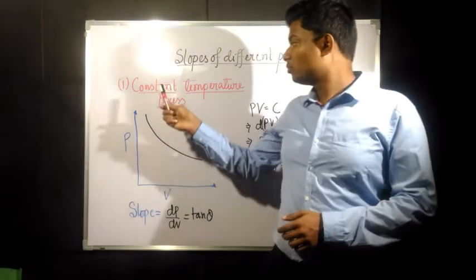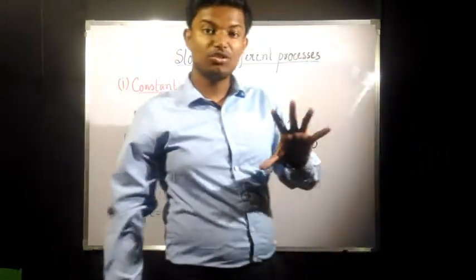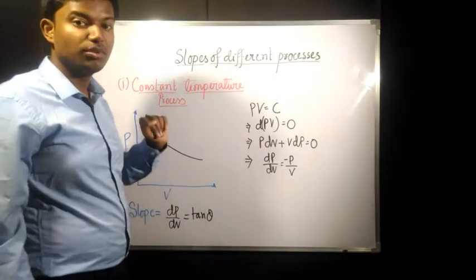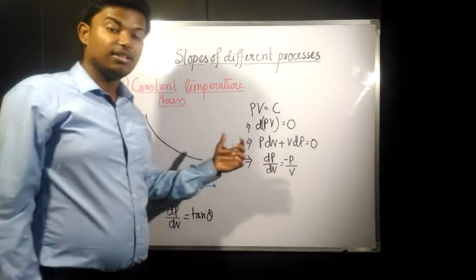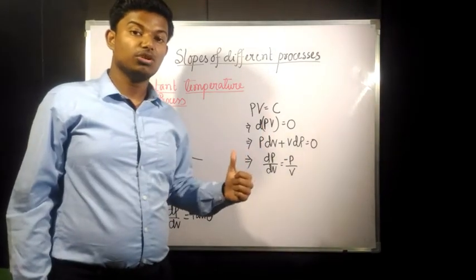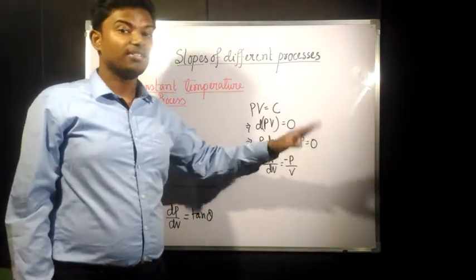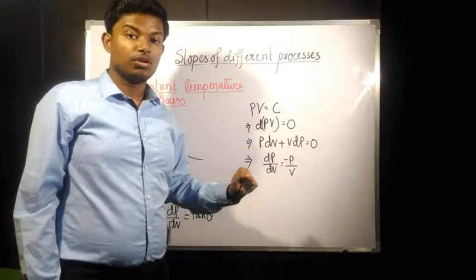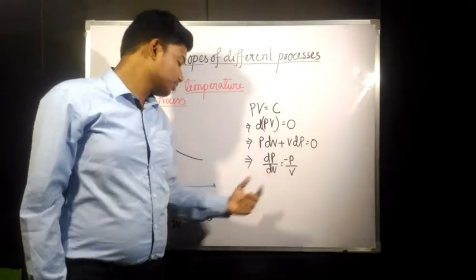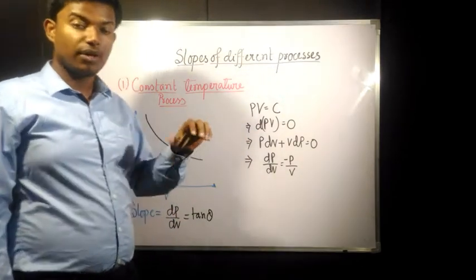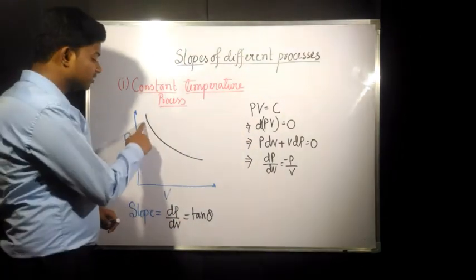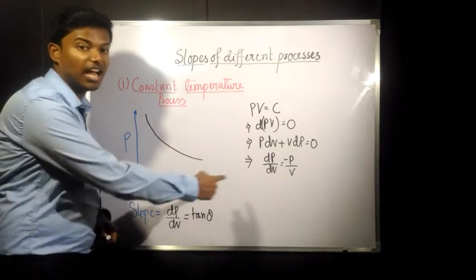Okay, the next process will be the constant temperature process, or isothermal process. That is, the temperature is going to be constant throughout the process. Now, while finding the slopes for constant pressure and constant volume, we already knew that one is horizontal and one is vertical. So the angles were already known with respect to the volume axis: one is 0 degrees and one is 90 degrees. But the isothermal process is a curved line.